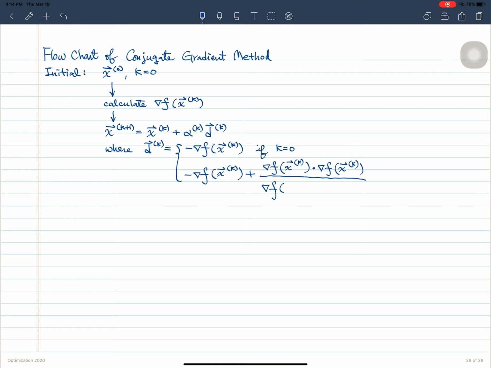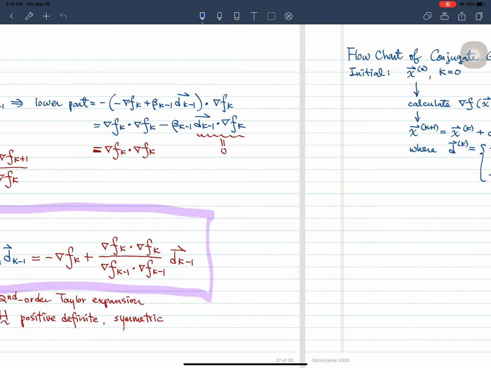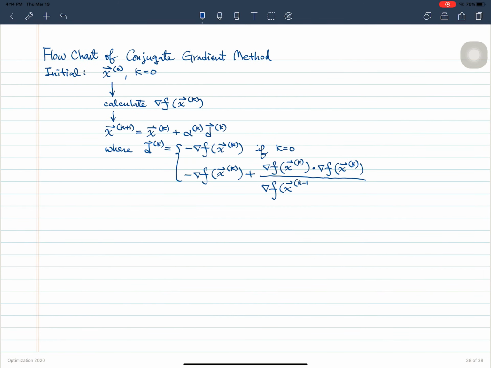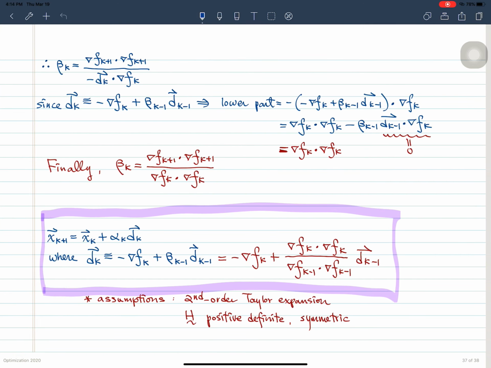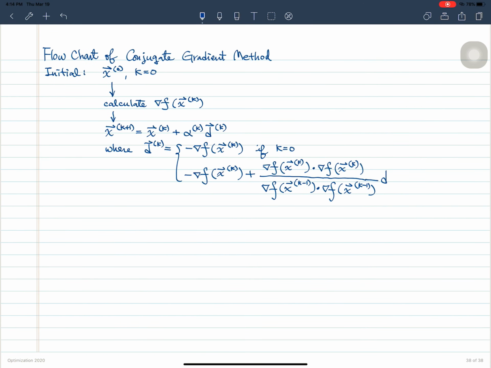Here I use the k minus 1, dot product gradient x_{k-1}, times what? The previous d, d_{k-1}. Only if k equals 0, we use the negative gradient.